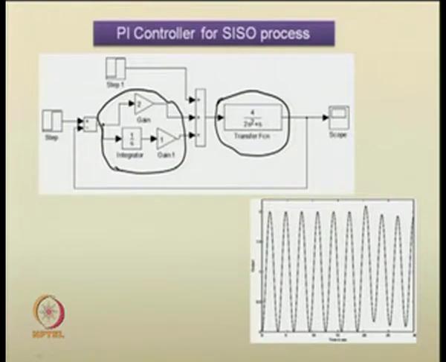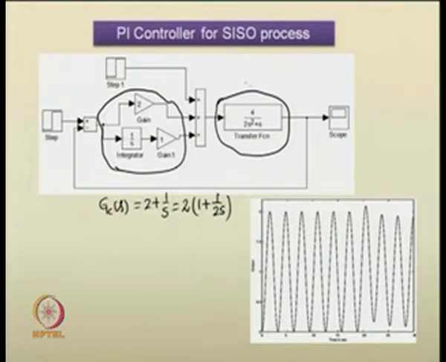The PI controller can also be written as GC(s) equal to 2 plus 1 by s, which in the standard form becomes 2 times 1 plus 1 upon 2s. So, the integral time constant becomes 2 seconds.